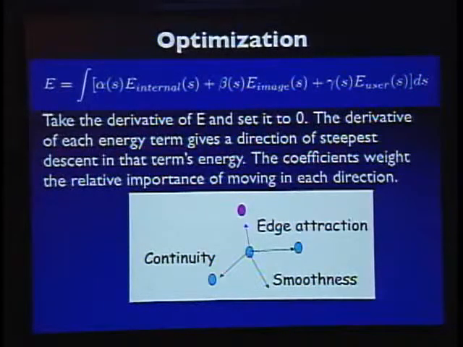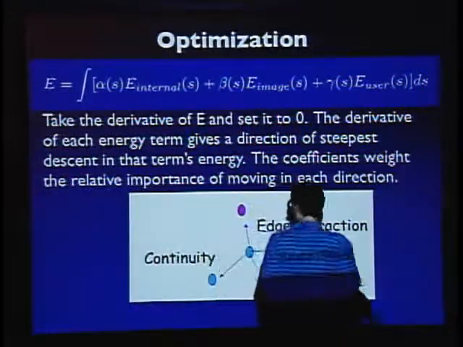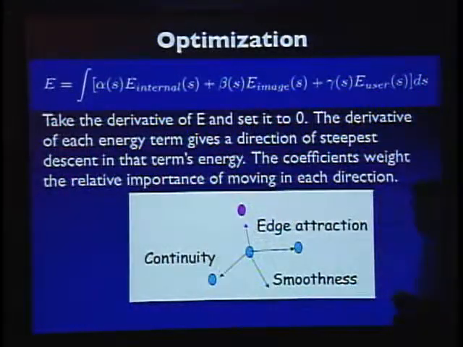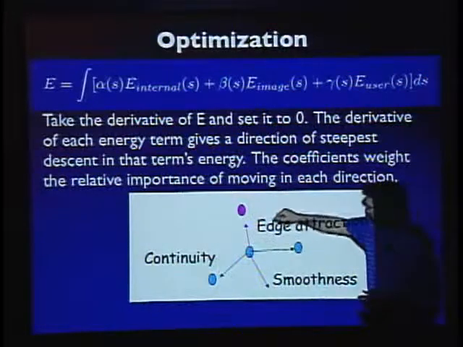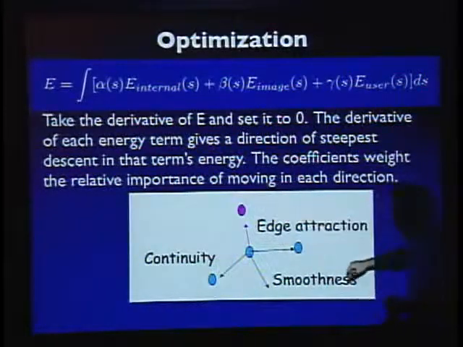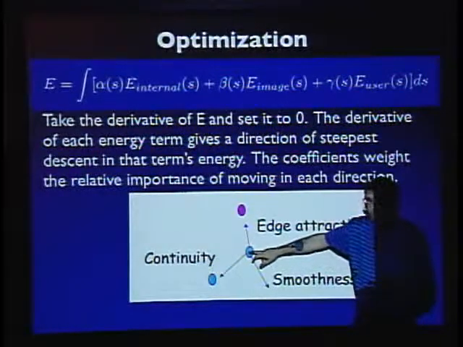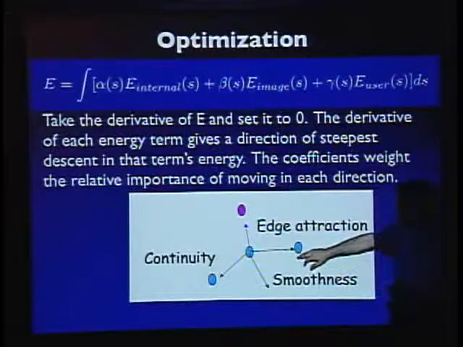By adding these energy terms together, you're basically forcing your initial contour, imagine that your initial contour is like this, and you represent the smooth.